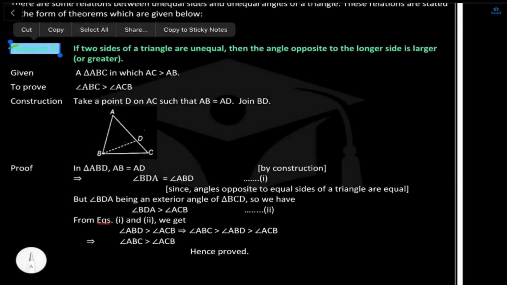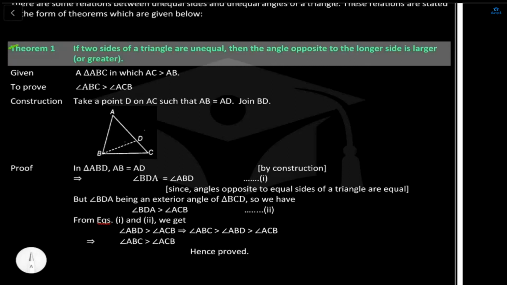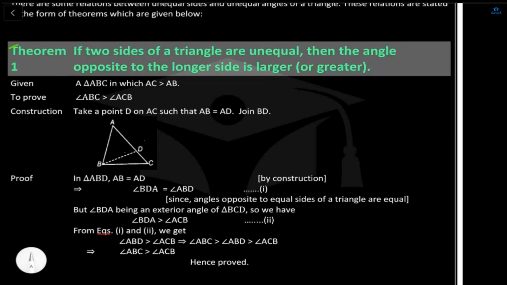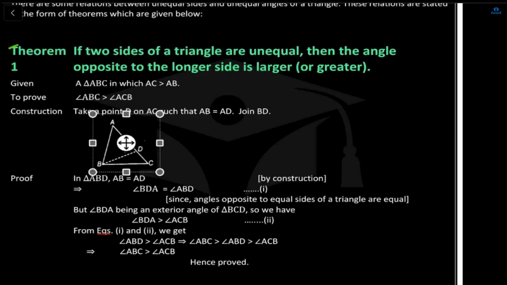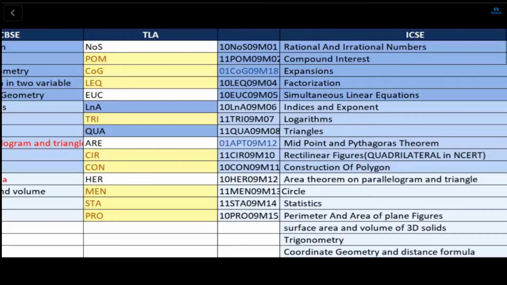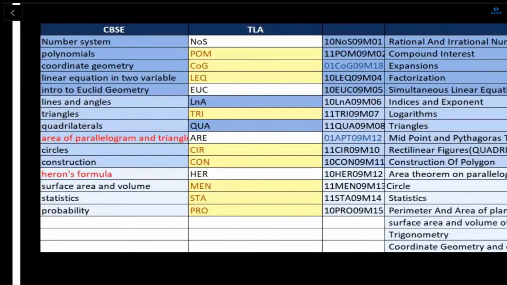Hello, ma'am. Yeah, Advika, hello. Advika, till half yearly, what syllabus is coming in your school? Ma'am, should I share it? Figure chart. Okay, let me just open the syllabus section. Yeah, your syllabus is here. So I think number system, binomial, till triangles, it is completed, Advika? All the chapters till triangles are completed.